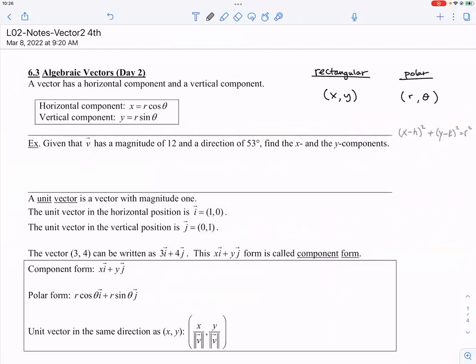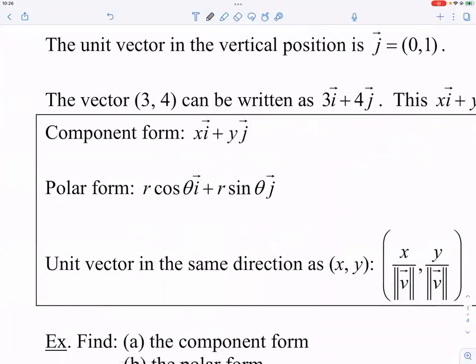Now, what we will learn today is the representation of a vector. Yesterday, we learned about how to join the vectors together, how to find out the resultant vector. We can either add up the x and y, or we can find out the resultant by using the law of cosines. Today, it's simply about the representation of all these vectors.